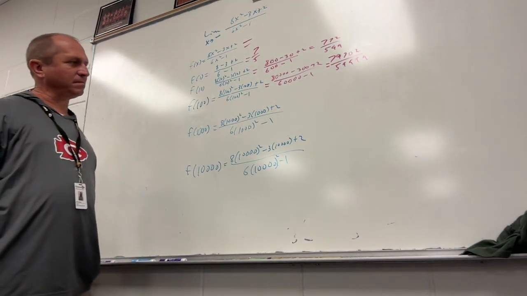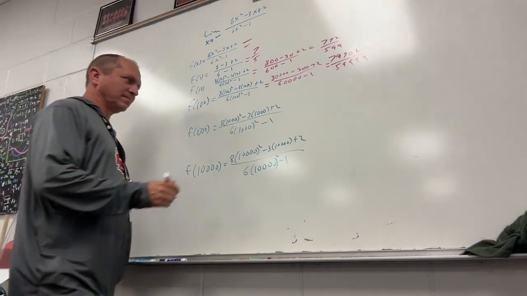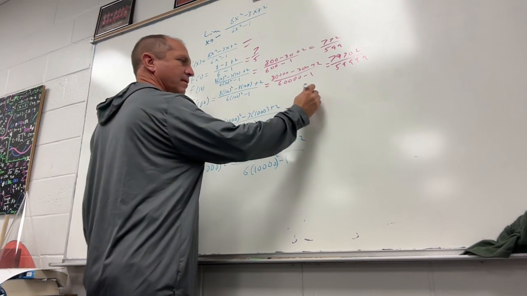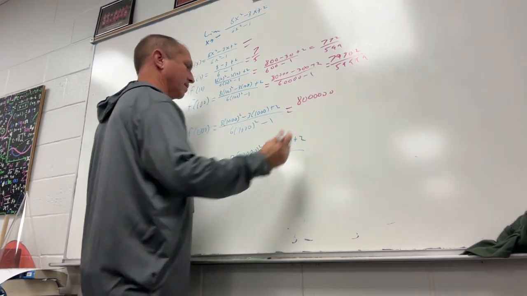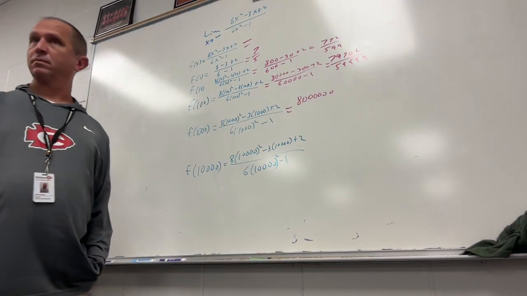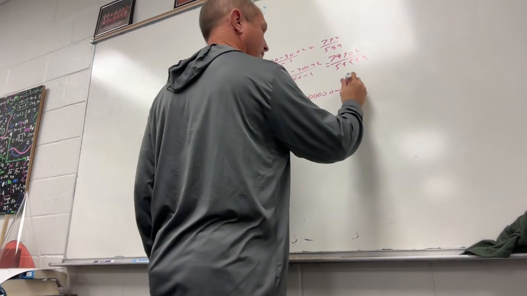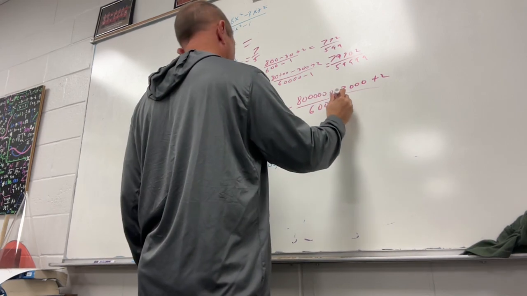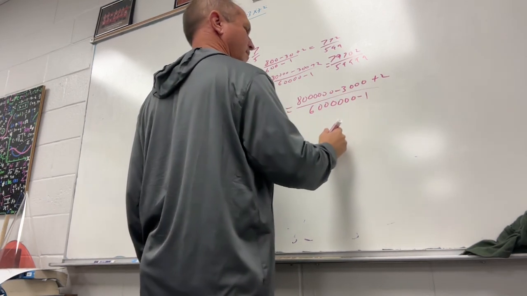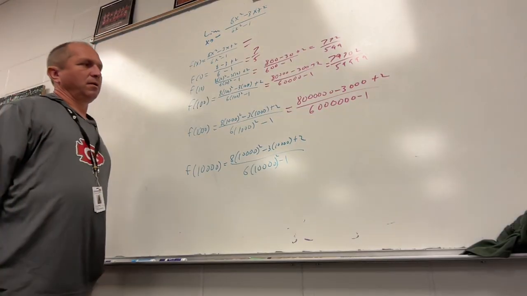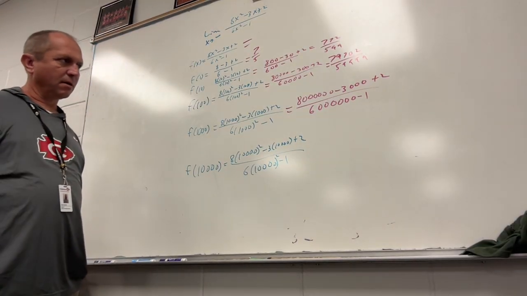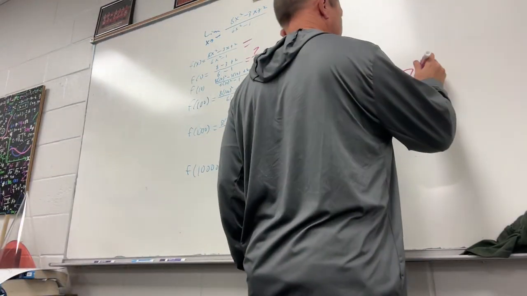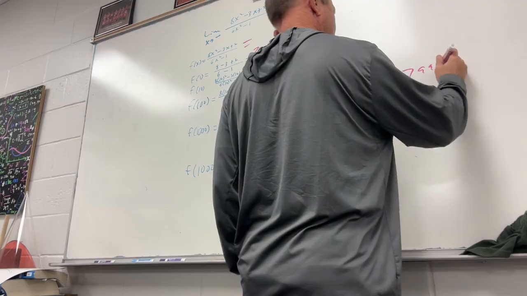Now, again, breaking this down, 8 million, right? Okay. Minus what? 3,000. And then plus 2. I did the hard part for you. So the 8 million minus the 3,000 is 7,997,000.